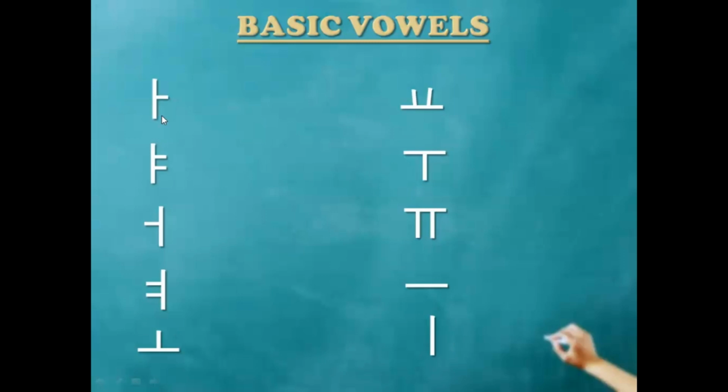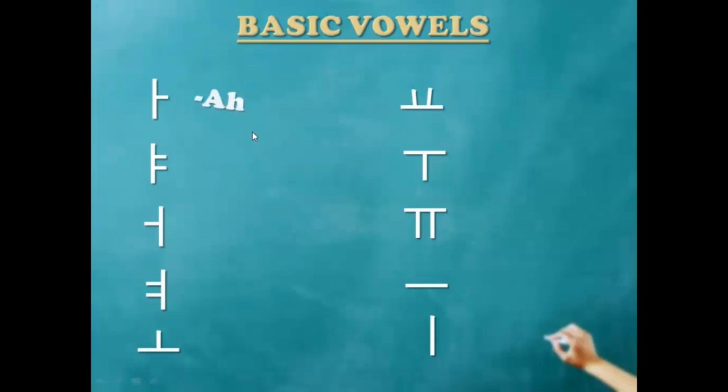So once again, the sound value of these characters: a, ya, o, yo, u, yo, u, u, e.